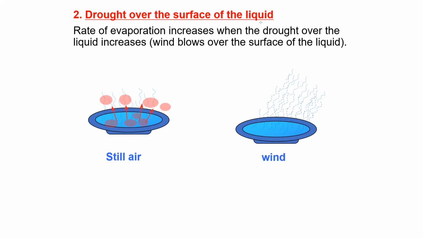But when it is windy, the air is blowing, so when these particles come out from the liquid surface, the wind will move them away from the surface, so the other particles have space to come out. That's why the rate of evaporation increases.